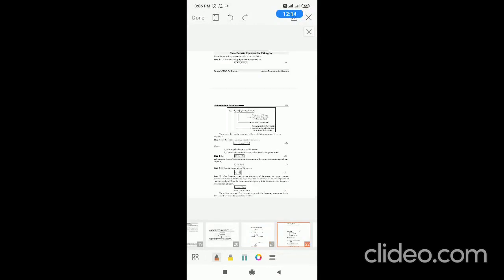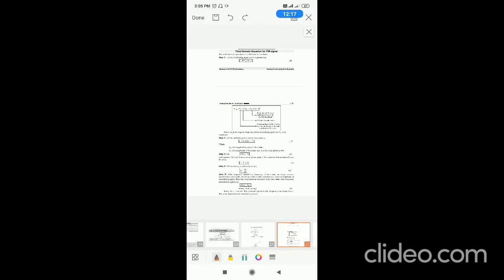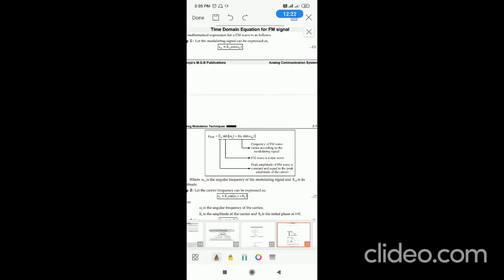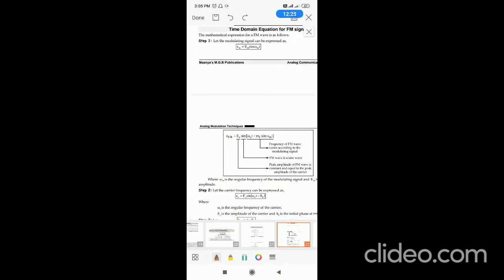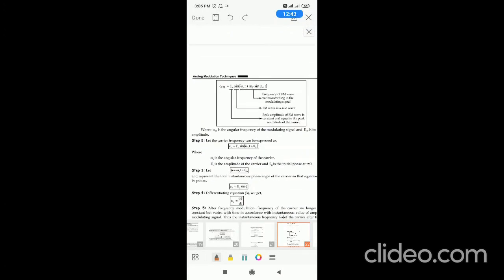You can explain it in this way also. In the first step, the modulating signal is equal to em cos omega mt. In the second step, let the carrier be expressed as EC sin (omega ct plus theta t), where omega c is the angular frequency of the carrier and EC is the amplitude of the carrier.